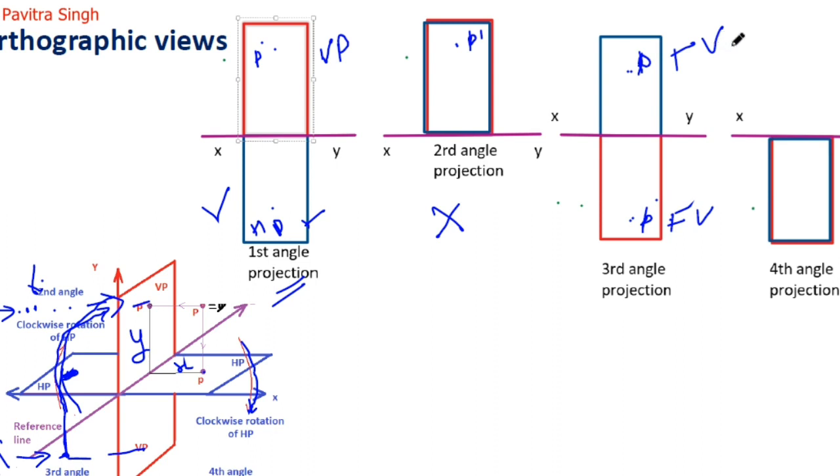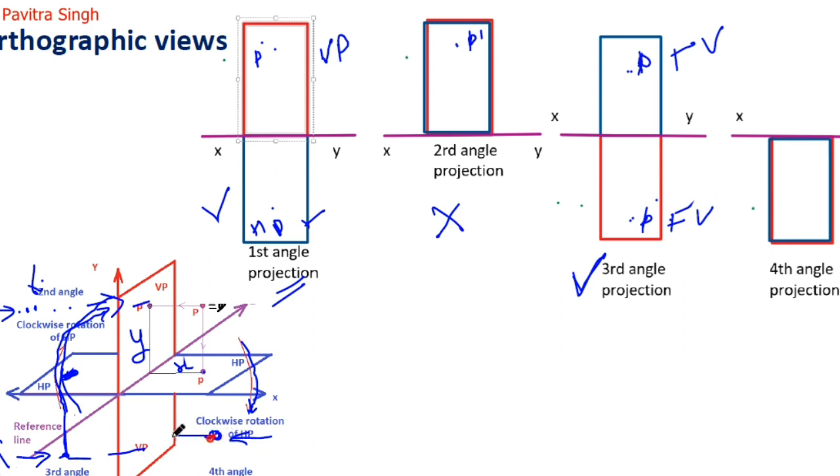So in this case, this is the vertical plane below this XY line. When we see this object from the front, the front view will be placed on this vertical plane. Suppose this is point P dash. This is the front view of this point P in this case.